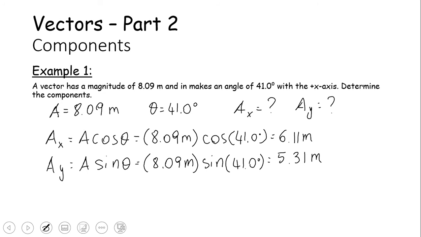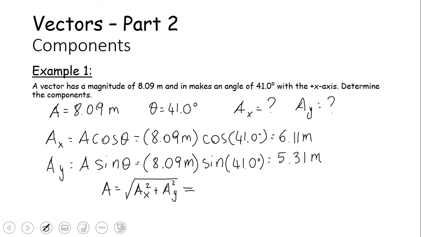One way to verify that you're actually getting the correct number will be to work in reverse and at least check the magnitude. For instance, you know the magnitude is equal to the square root of the sum of the two squares. So by plugging in the numbers, you should get something that's very close to 8.09 meters. I'm not saying identical because there can be a rounding that changes the number. So I'm going to let you do the second part of this exercise.